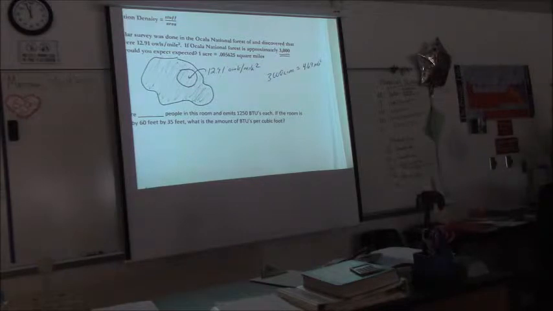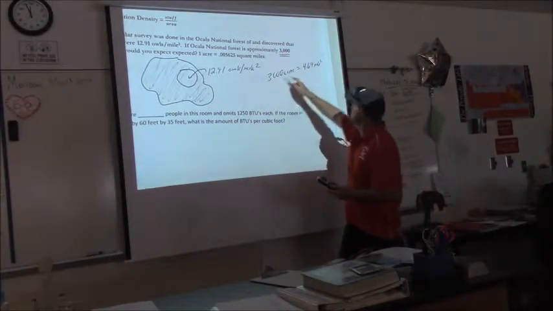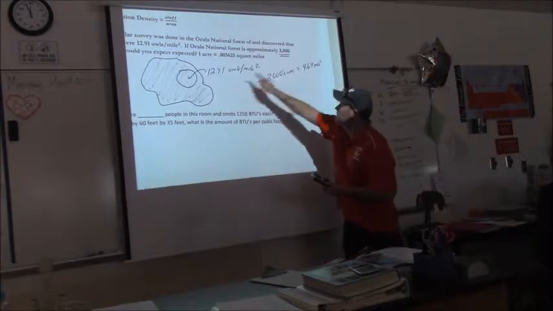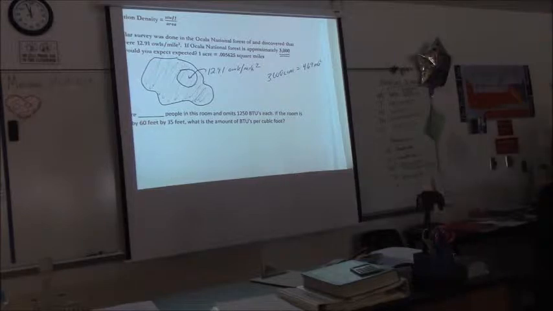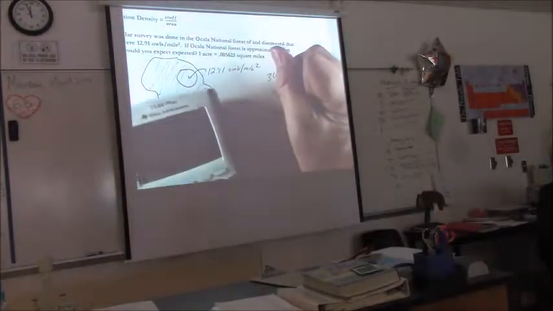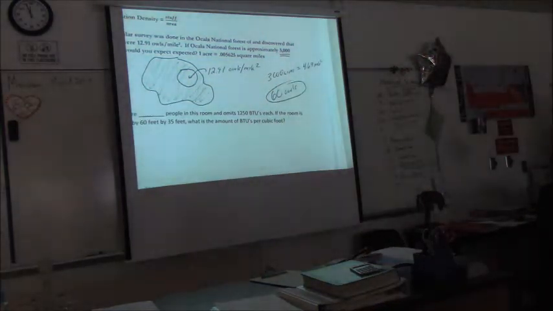So you with me? So what's the owl density? There's 12.9 owls per square mile. So if this is how many square miles it is, I just simply multiply. Hopefully you're going to get some density problems, that's for sure. You're going to be surprised. So it's about 60 owls, which is not many.